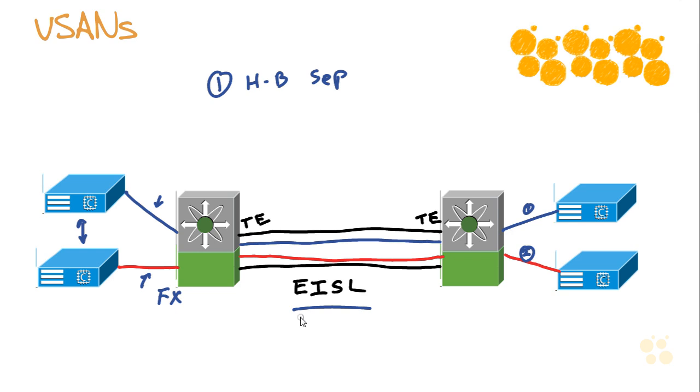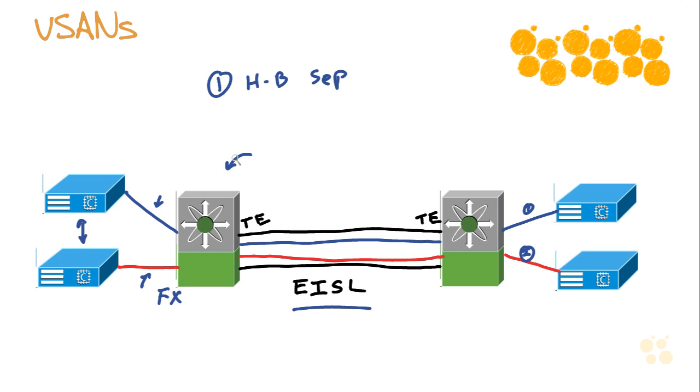Now remember, each VSAN has its own principal switch and domain ID allocation policy, either static or dynamic. And principal switches for different VSANs don't need to reside on the same physical switch. Each switch has a separate domain ID for each active VSAN.